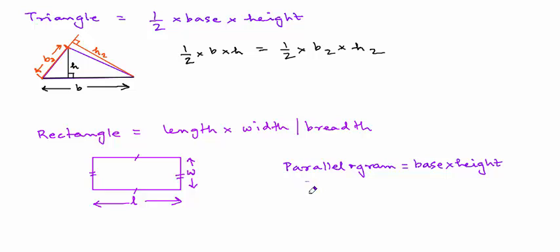So if we have a parallelogram, we know that the opposite sides are the same length in a parallelogram. If the length of this side is B, naming it as the base, the height again is the perpendicular distance from this vertex on the base. So this has to be 90 degrees or a right angle. This is the height.